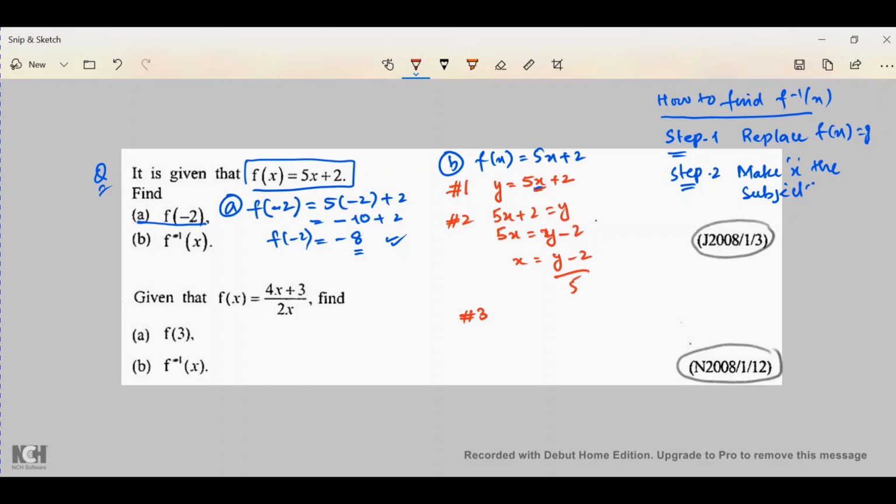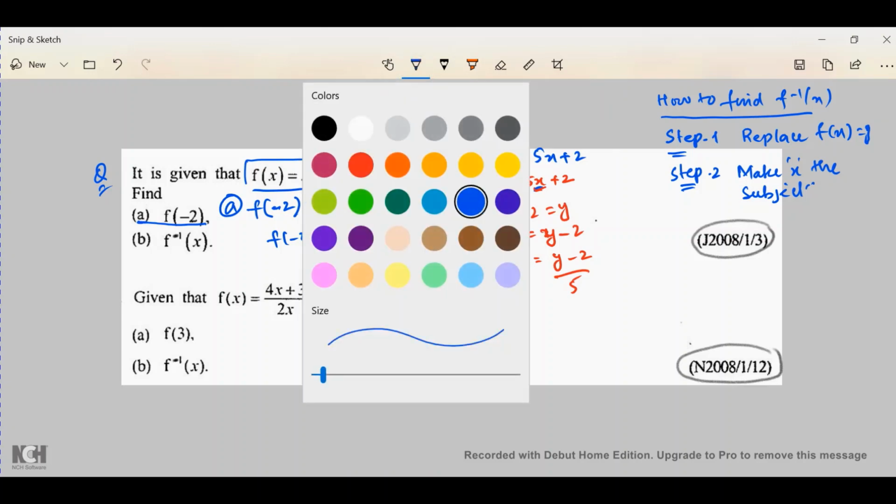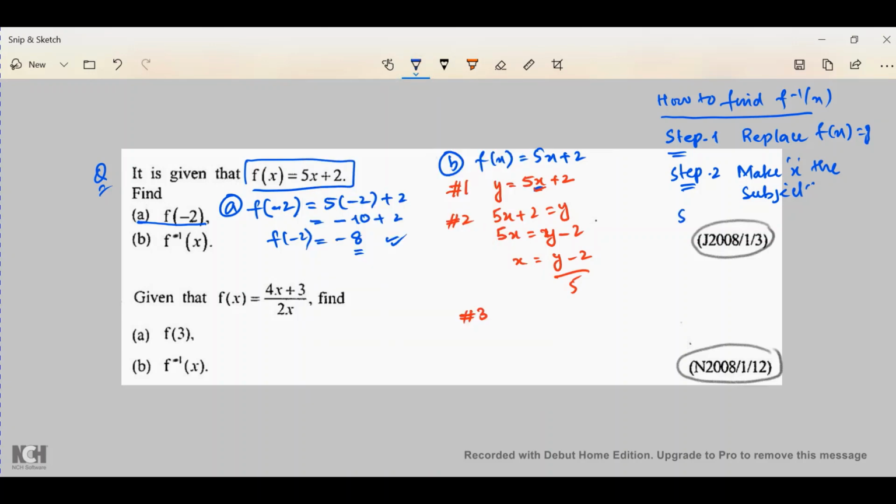Step number 3. What do we have to do in step number 3? We have to replace. There are two replacements: x will become f inverse x, and y will become x.